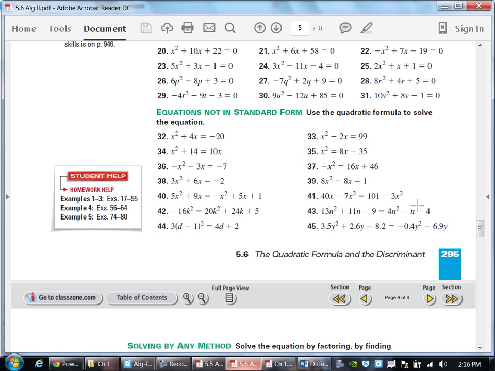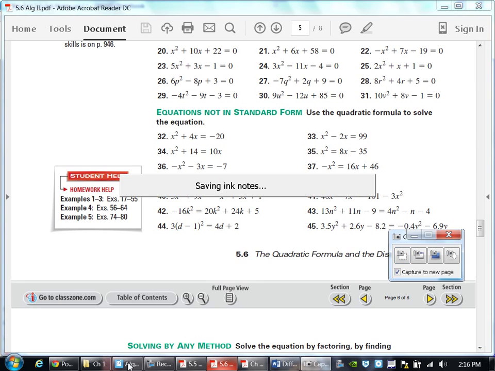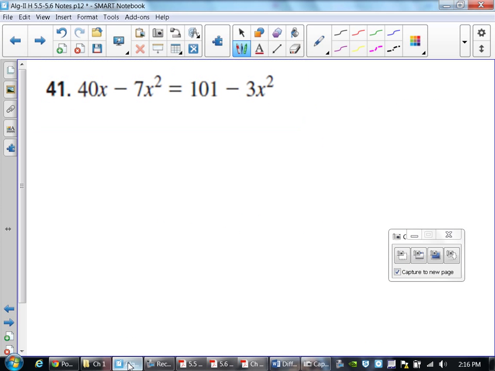Send everything to the right. Let's see, so you get 4x squared minus 40x and a 101.